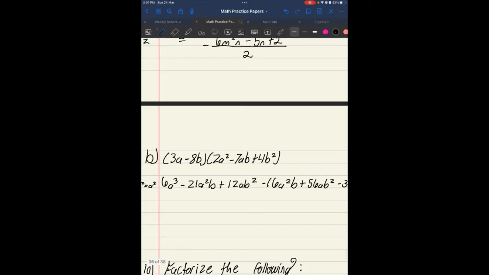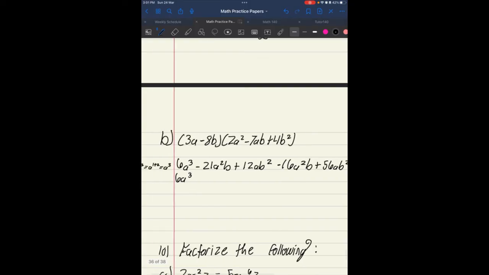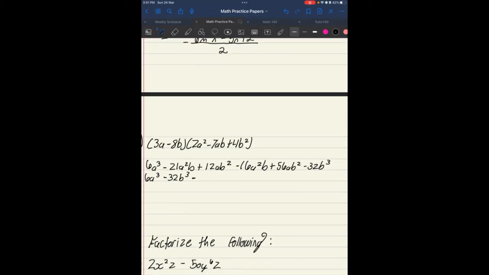So 6a cubed, let's start with that, minus 32b cubed, we're just sorting it out, minus 21a squared b, minus 16a squared b, plus 12ab squared, plus 56ab squared.